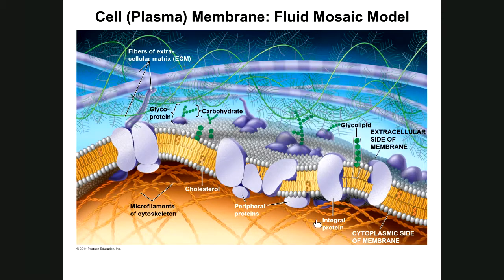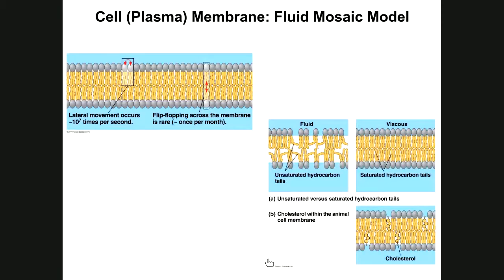Now, the phospholipids themselves, specifically the fatty acids, because I talked about the fluid part being mainly attributed to the phospholipids. They actually move around. The mosaic part is attributed to the variety of different proteins you have in the membrane, some of which are floating around in that fluid part, the phospholipids.